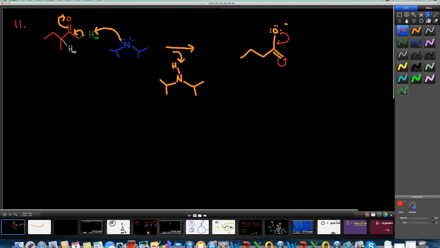Normally we would think that the more stable charge would be when the negative charge is on the carbonyl oxygen, because oxygen is more electronegative than carbon. However, the carbon-oxygen bond is such a low energy bond, and by that I mean it releases a lot of energy when it's formed and requires a lot of energy to be broken.